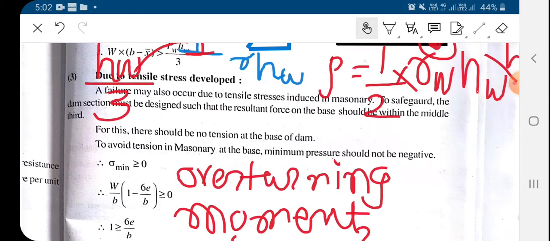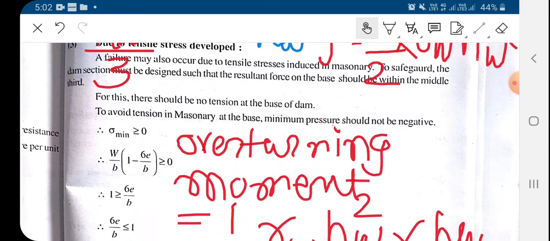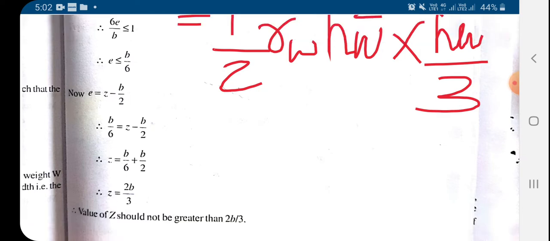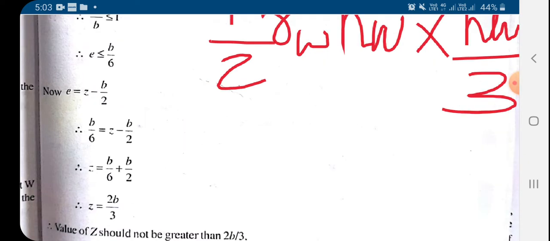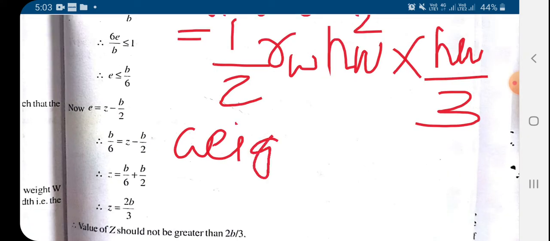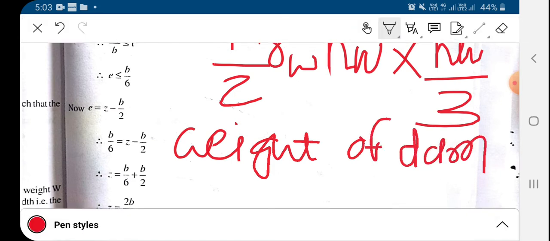So by this we can find out this overturning moment. This force is resisted by the weight of the dam. The weight of the dam will generate resisting moment.